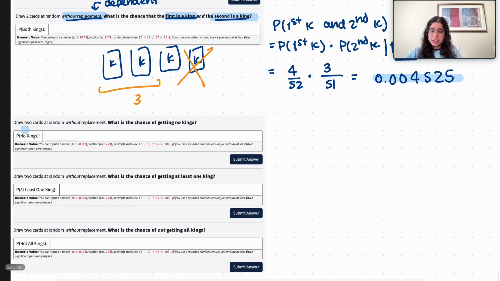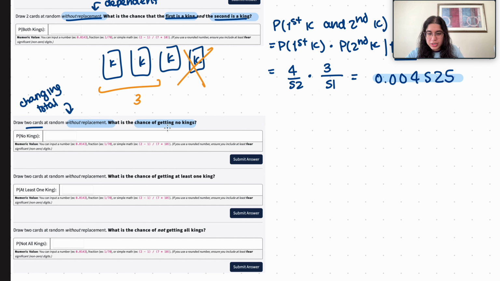Now for this question, it says draw 2 cards at random without replacement. What is the chance of getting no kings? Without replacement means that I have a changing total, and we're dealing with events that are not independent, because each round my total number of cards in the deck changes because I'm not putting them back.